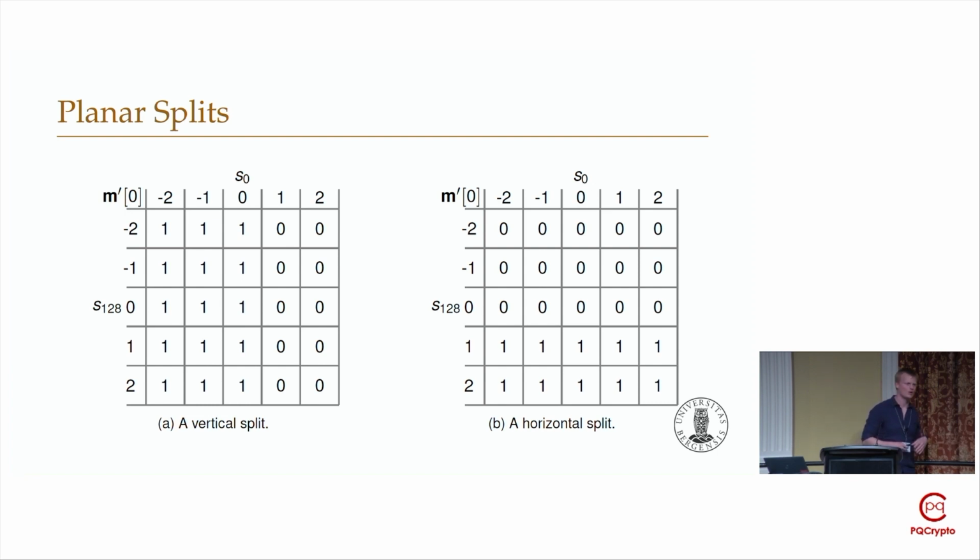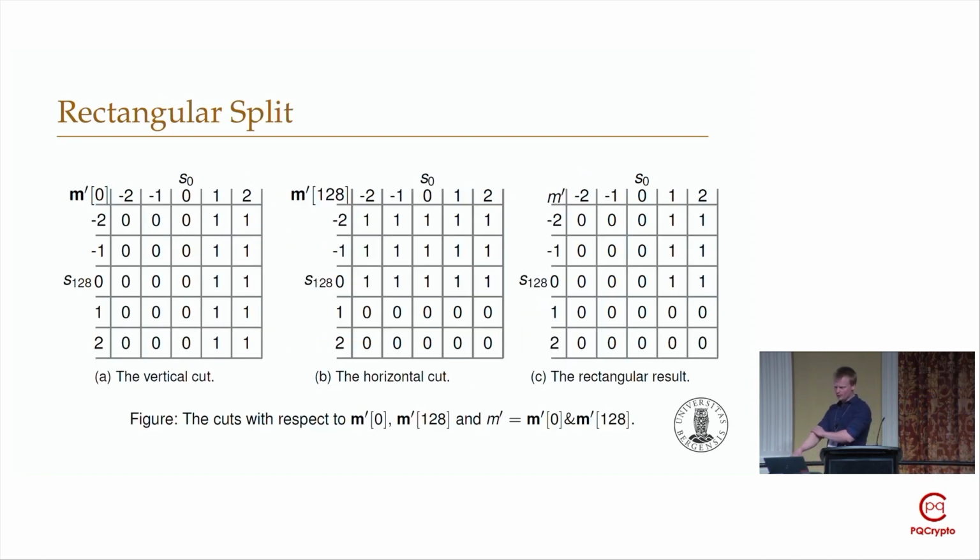But what I will show in the next 3 slides is different types of splits that we are allowed to do now that we work in 2 dimensions. So the first thing we can do is a rectangular split, where we combine a vertical split and a horizontal split. So we make a split like this with respect to S0, a split like this with respect to S128.